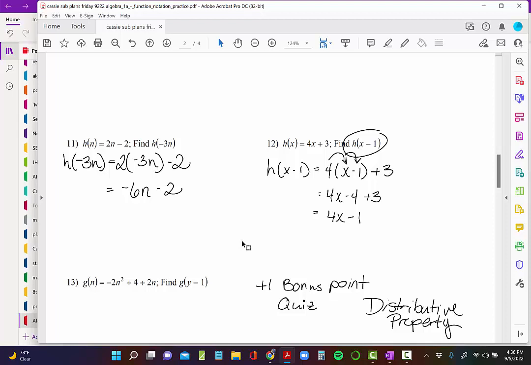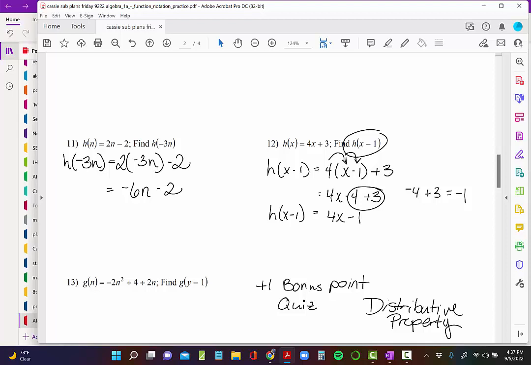So that becomes 4x minus 1. How did I get that minus 1? A negative 4 plus 3. I owe you $4. I pay you 3. I have a remainder of $1 still owed. I can't go any further with this, so this is my answer.